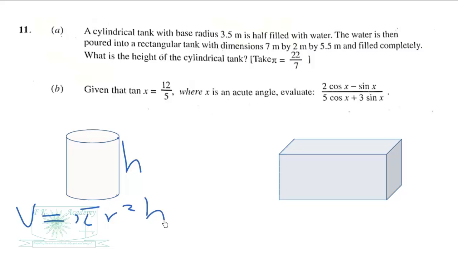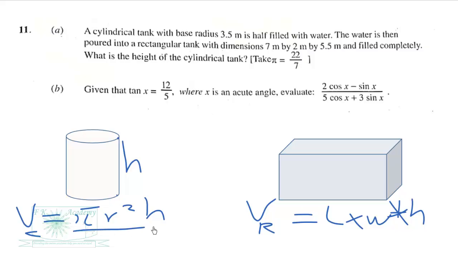Then recall that this is for the cylinder and this is for the rectangular tank. The volume of the rectangular tank is equal to length times width times height. And this is equal when the cylinder is half filled.